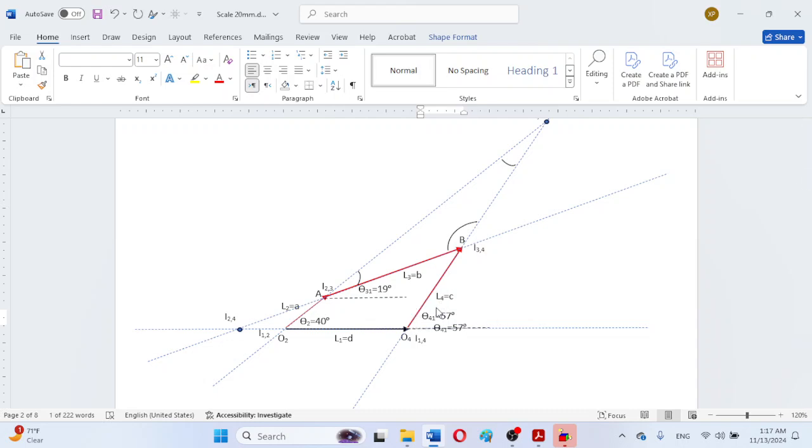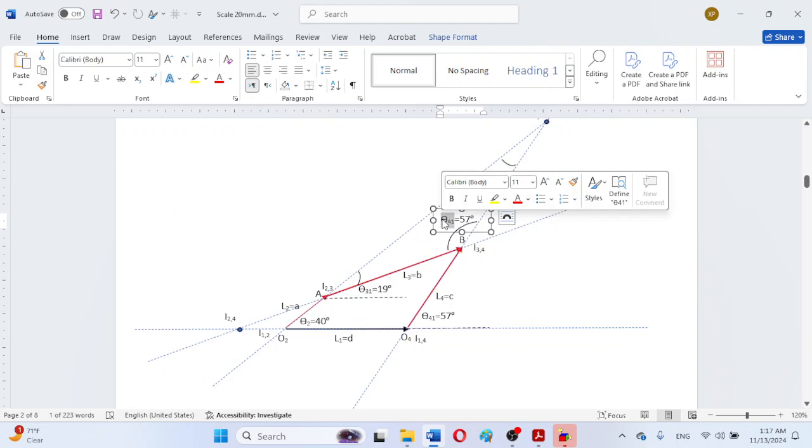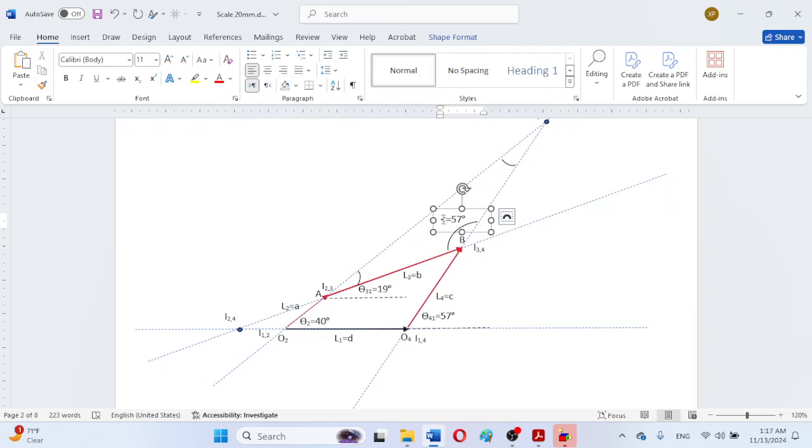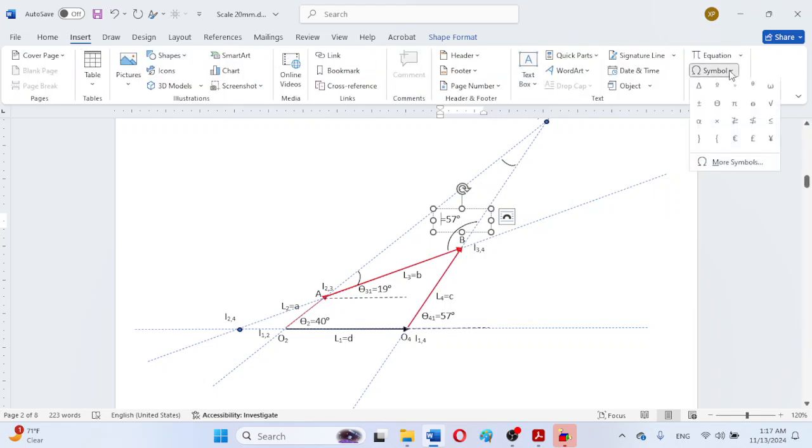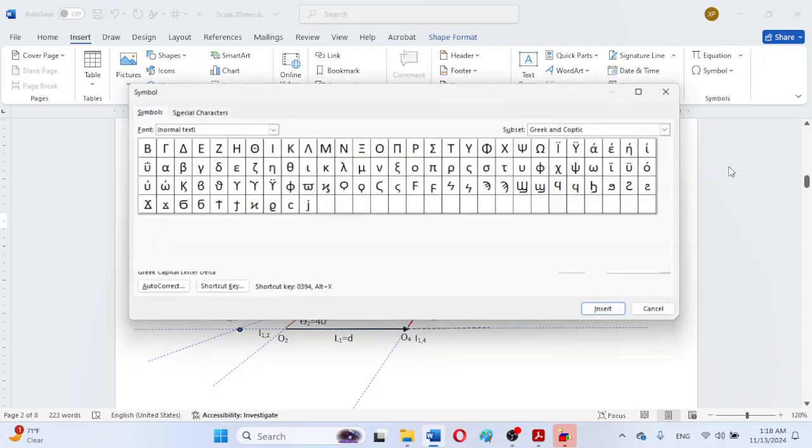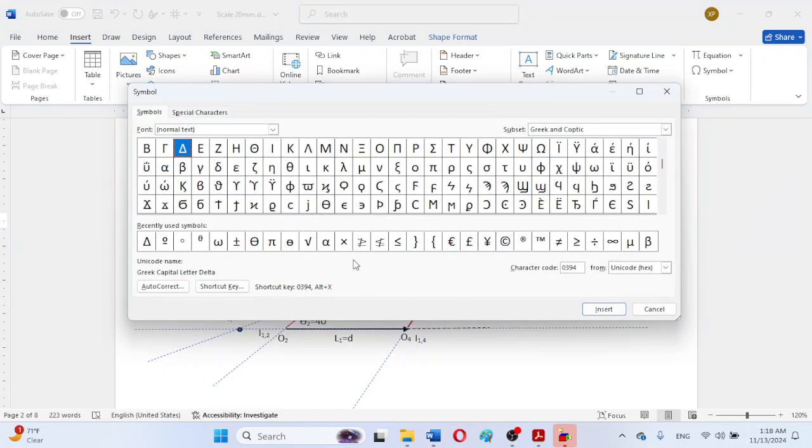Just copy and paste this label and relocate this. The angle symbol can also be inserted from the symbols; we can search it out here.